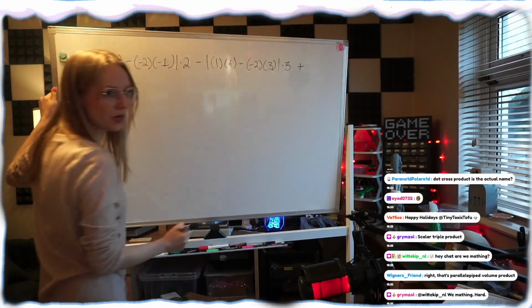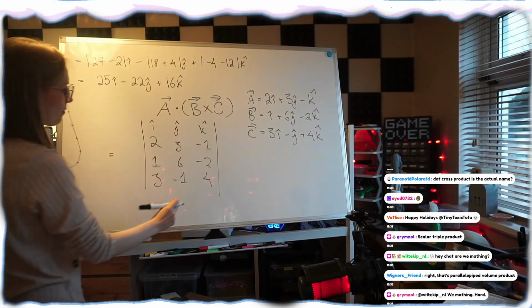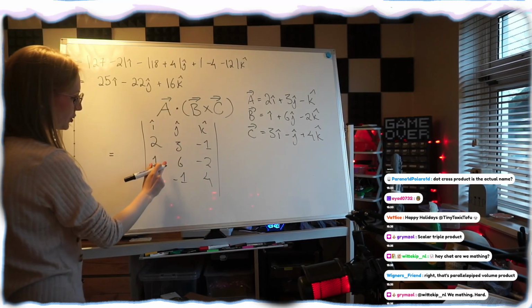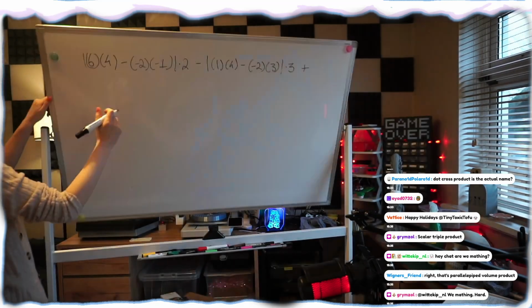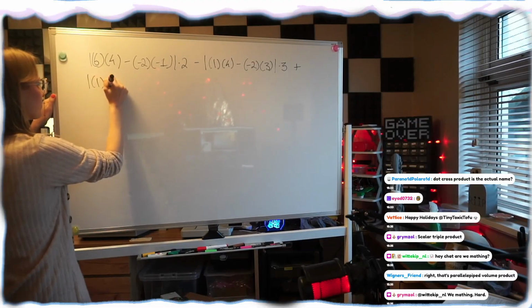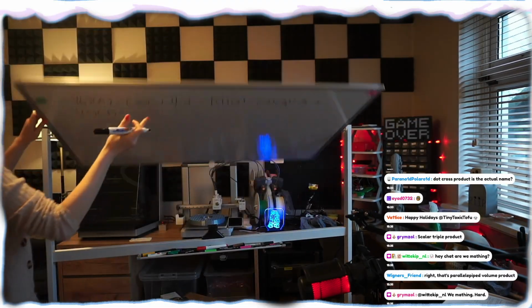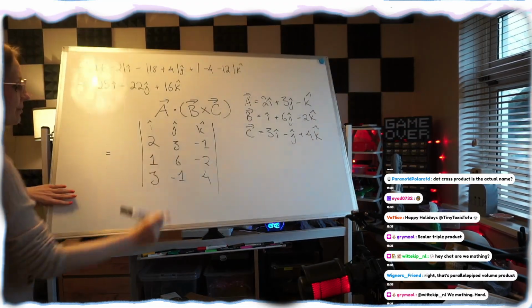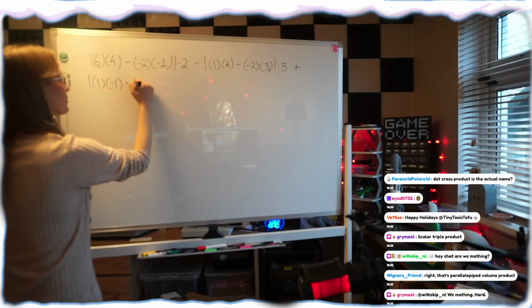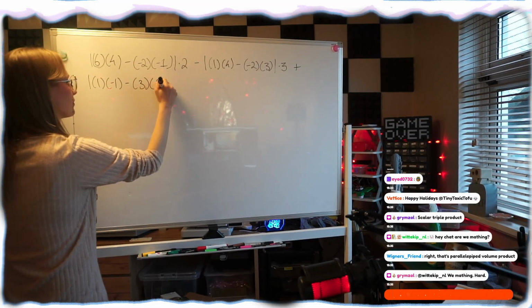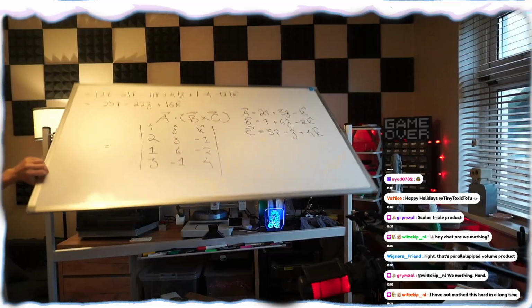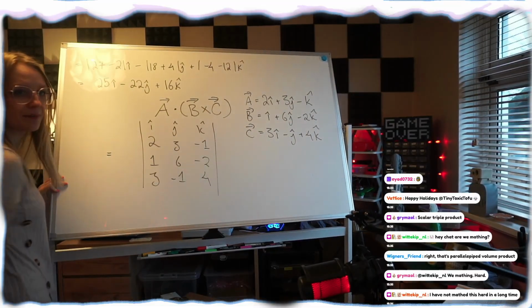Finally, last but not least, we're doing 1 times minus 1, times 3 times 6, dot product of the last one left, minus 1.